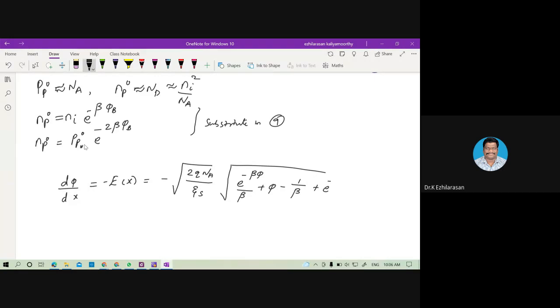You need to substitute that. So do the substitution and you will get this. Then e to the power βφ divided by β minus φ minus 1 by β.